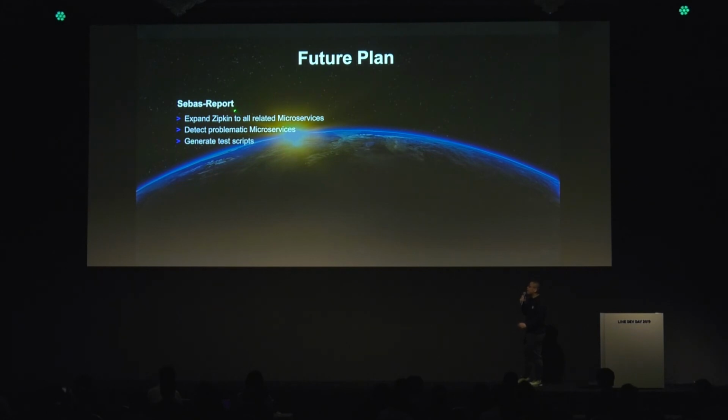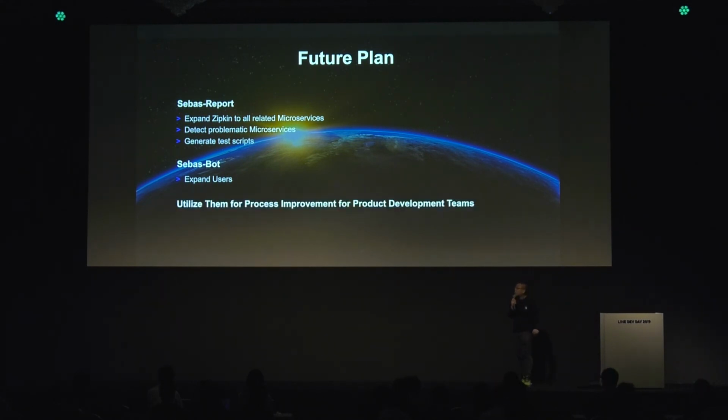And we can combine AI and machine learning so that we can generate test codes for microservices in a more automated manner. That's what we want to do in R&D. And also SEBAS bot. This is only in channel gateway, and other teams are asking for it. So we want to expand the users.